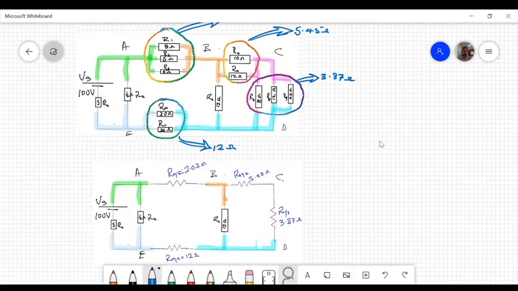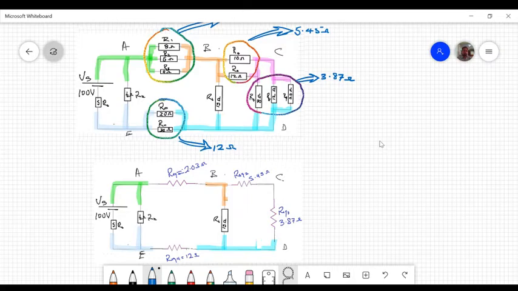Now, as far as this power supply is concerned, the power supply does not know that I've made these changes, because this 2.03 is identical in electrical behavior to the three resistors R1, R2, and R3 in parallel. Similarly, this 10 and 12, R4, R5 is identical to the 5.45.